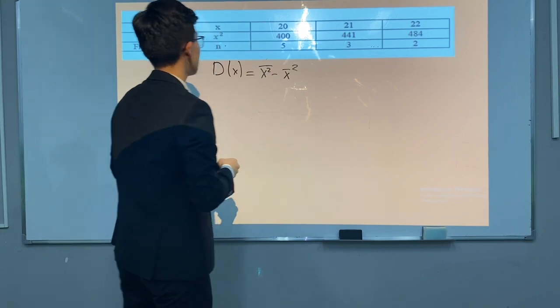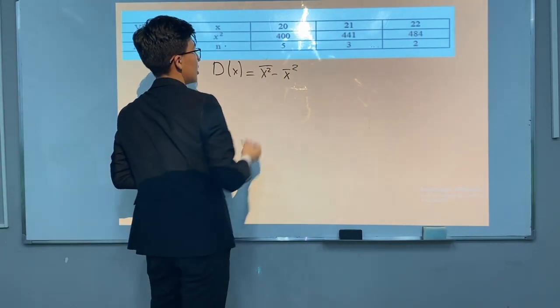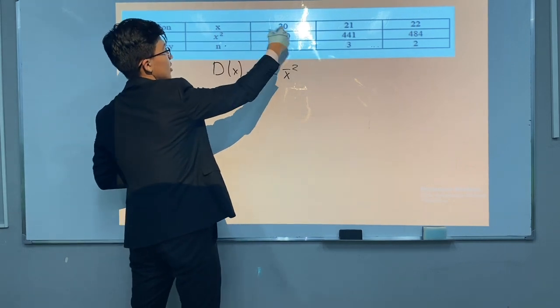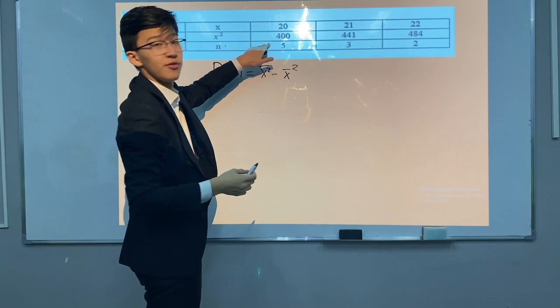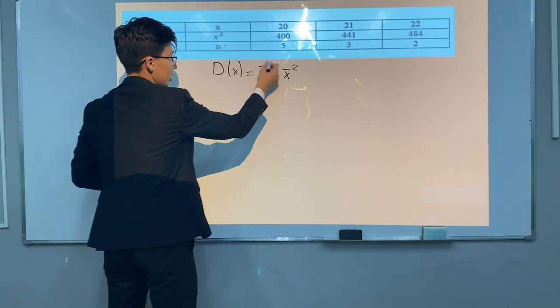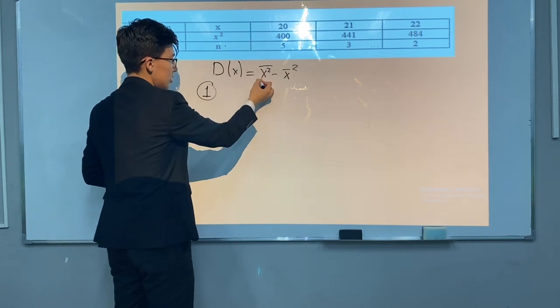To find this, we write the square of the number of the variation multiplied by the frequency. Here we need to firstly find this term.